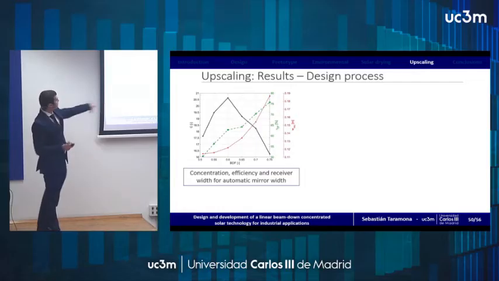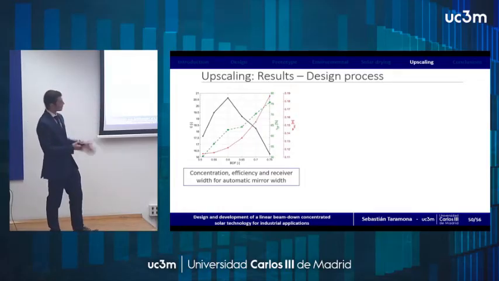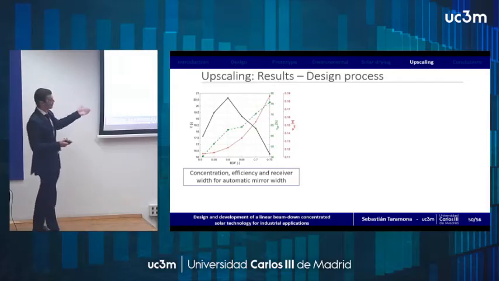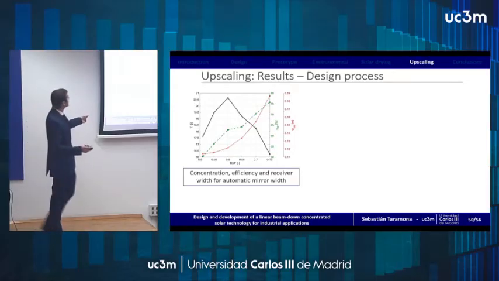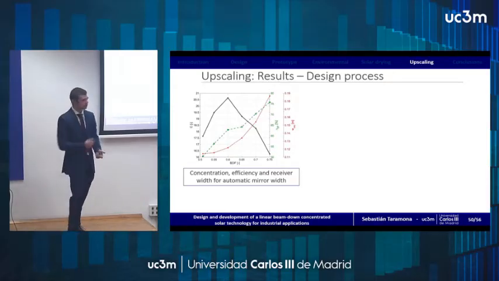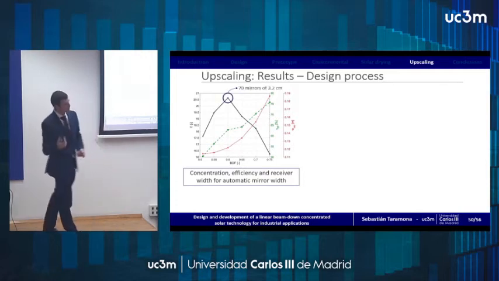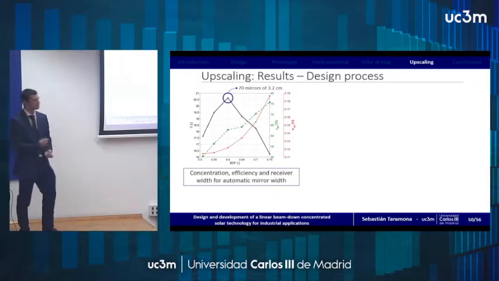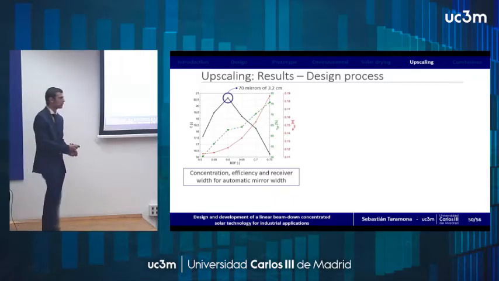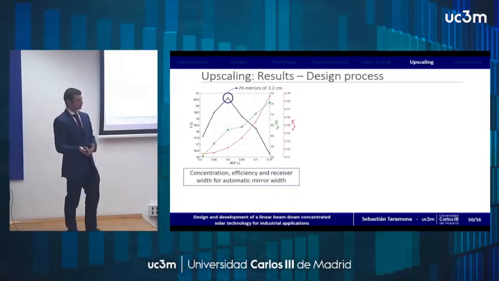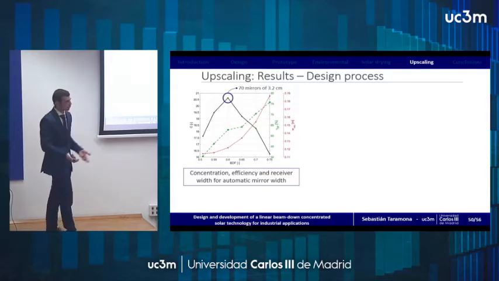Here you can see the basic results we obtained by varying this range for the solar field that they had. You can see a similar trend to the results I previously mentioned, but in this case, the best concentration ratio results from using 70 mirrors of 3.2 centimeters wide, which is not as viable construction-wise.